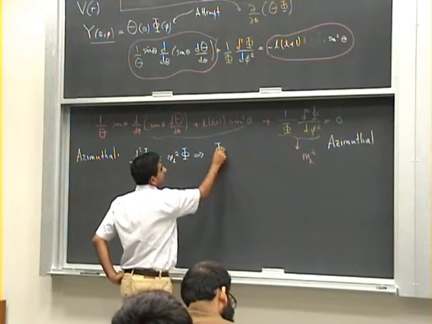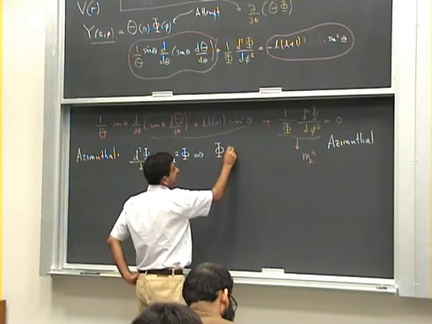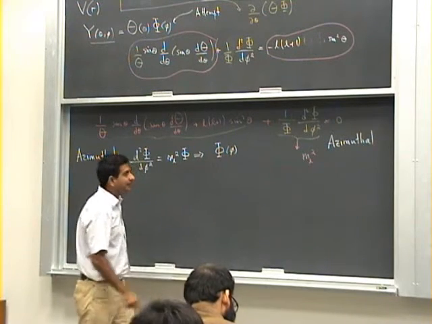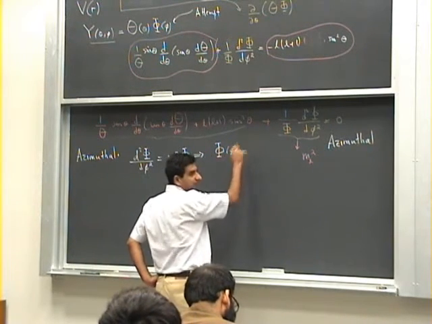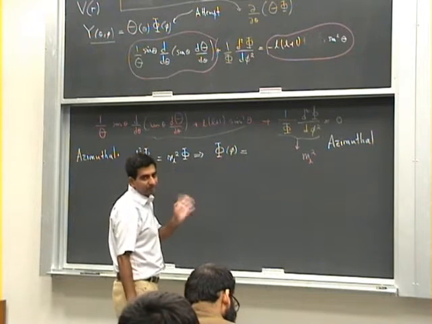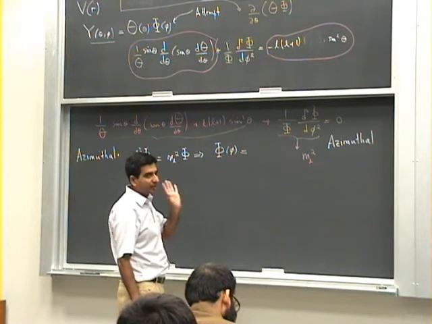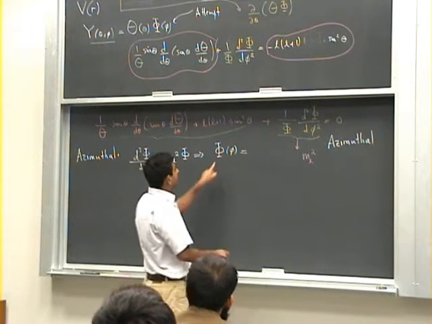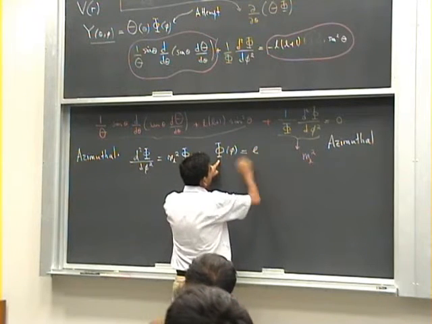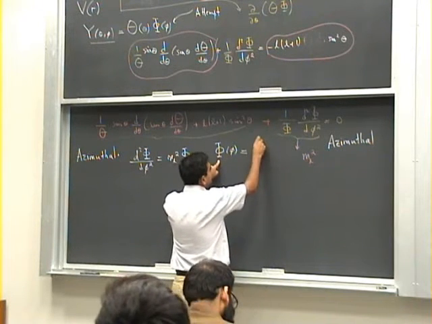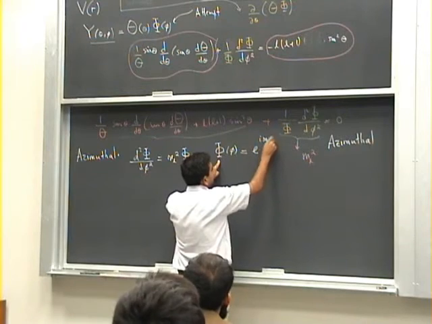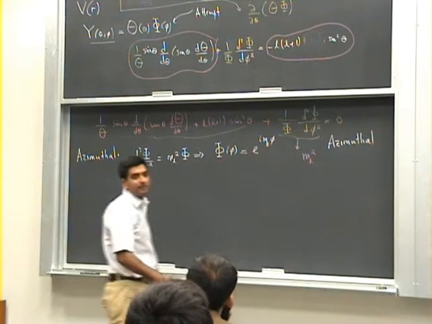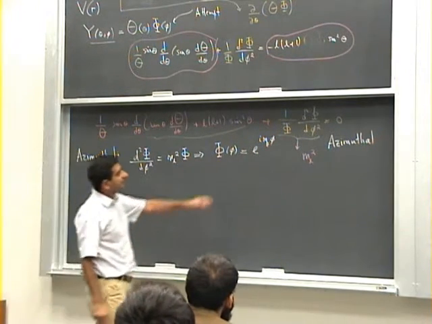Phi, which is a function of small phi, equals some constant. Let's ignore the constant for the time being, it's a normalization constant. I'm ignoring that. This capital phi equals e raised to power plus minus iota ml small phi. Okay, there's a plus and a minus sign here.